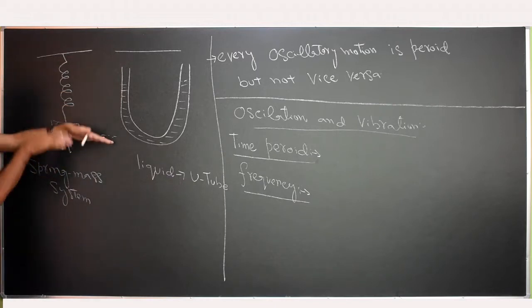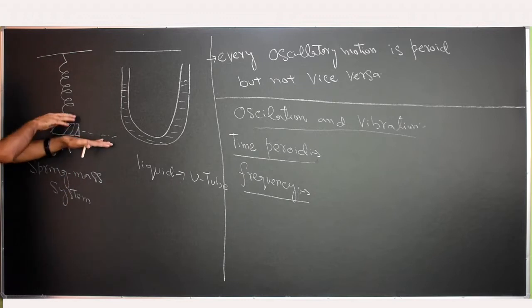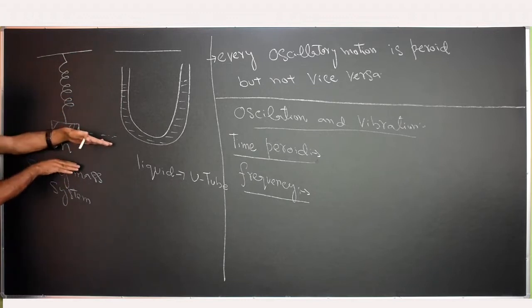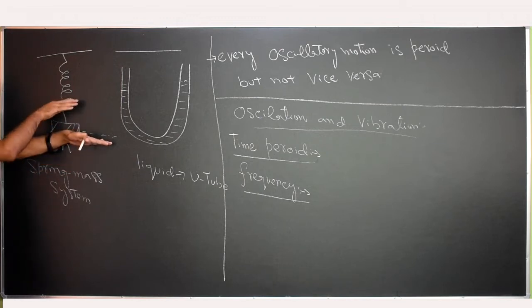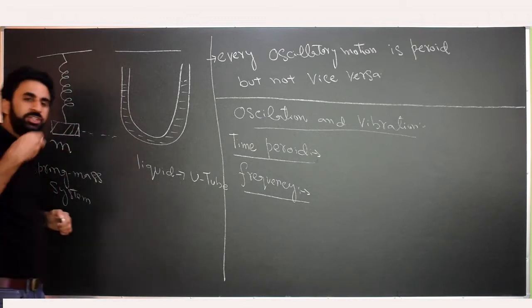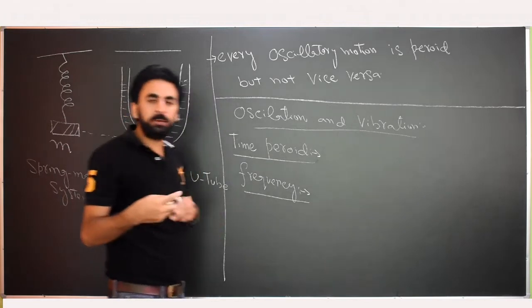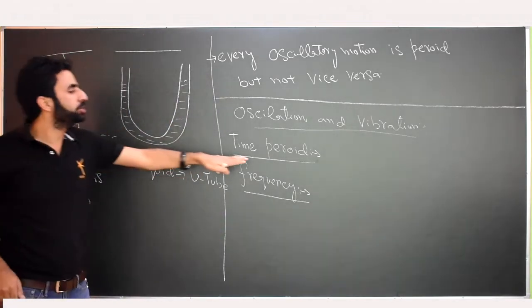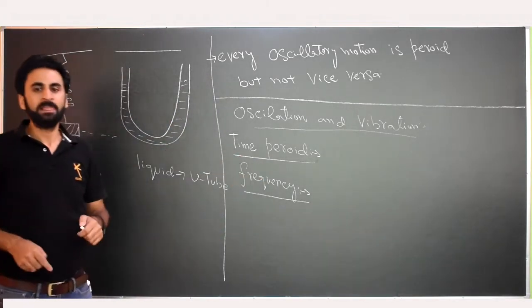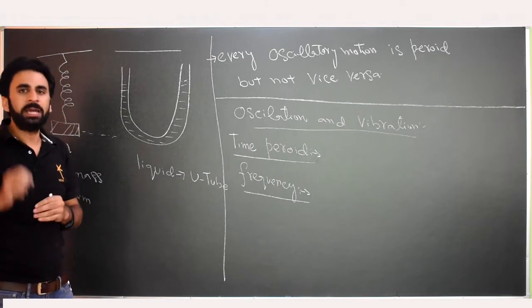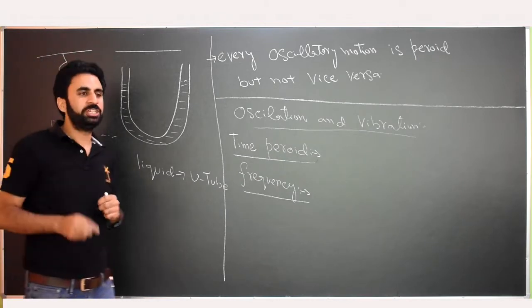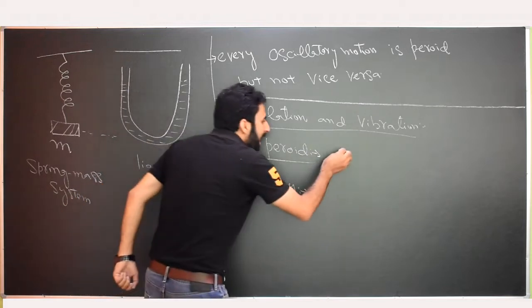It comes down and goes to the other extreme. So once this spring mass system goes from one extreme to another extreme and comes back to its original position, the total time taken by a body to complete one oscillation is known as time period, and it is designated by capital T.